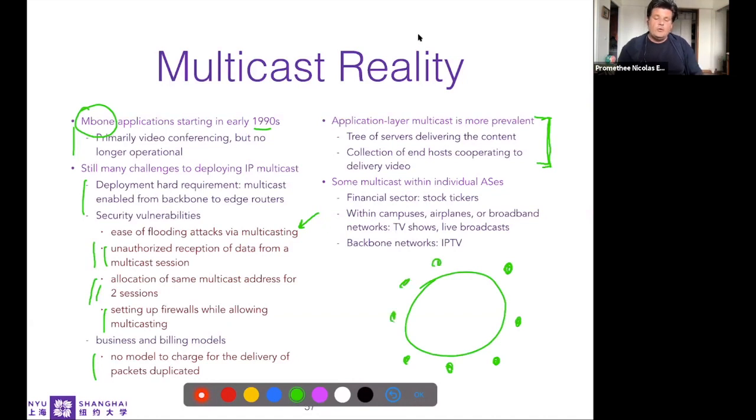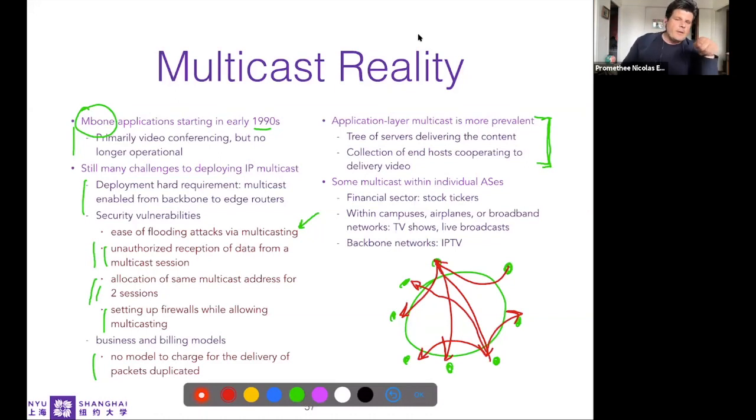You're still going to do multicast, but when you send the traffic to someone, this someone may send it to multiple other receivers, and those may send it to other receivers like this. So you can still do multicast, but you don't involve the routers, you just involve the edges. And this is something that is used by Netflix. So Netflix, what they do usually, they always try to identify clusters of users.